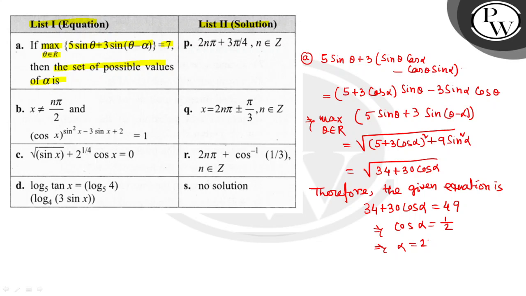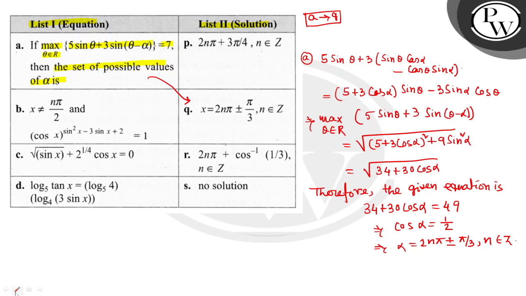So alpha is equal to 2n pi plus or minus pi by 3, where n belongs to Z. So this matches with which option? A matches with Q. So you write down here that A matches with Q.